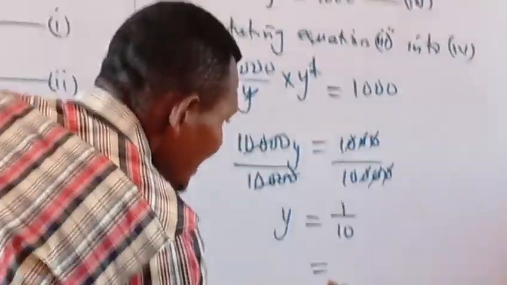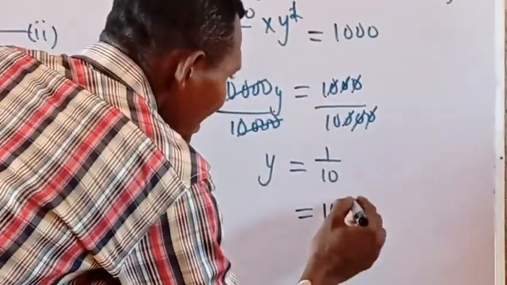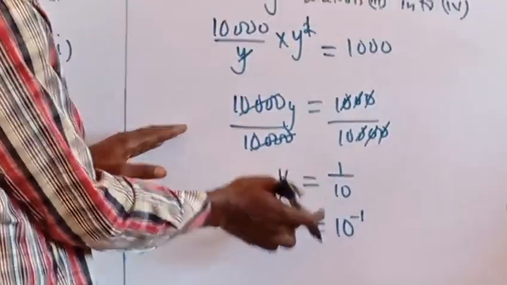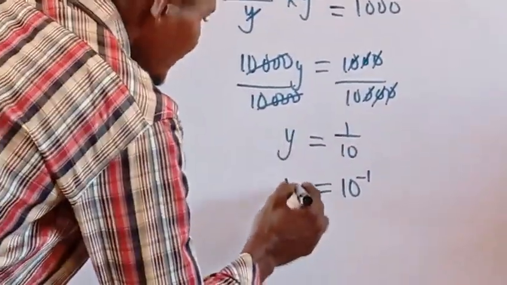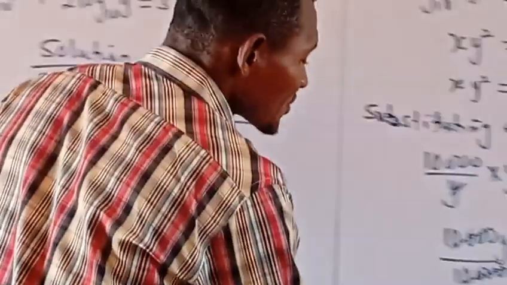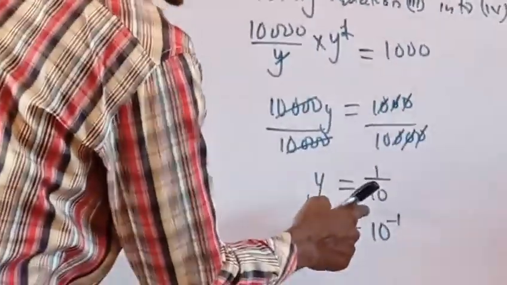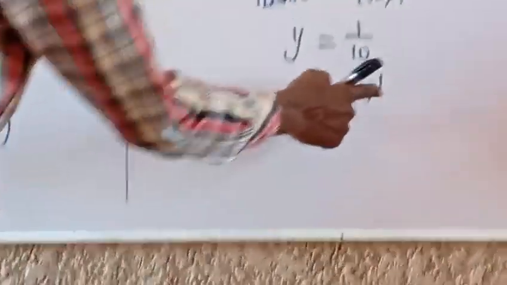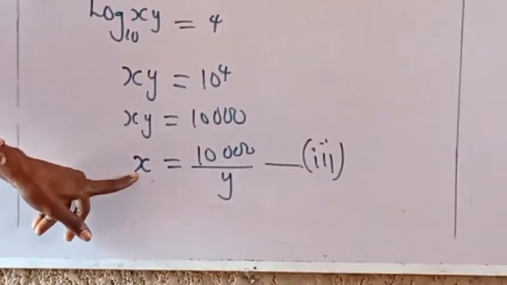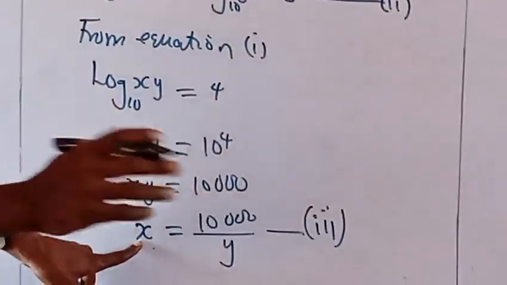So you can write it in standard form as 10 raised to the power minus 1. Applying the laws of indices, this is the inverse. So 10 raised to the power minus 1 is the value of y. So we can also substitute this 1/10 or 10 raised to the power minus 1 into our equation 3 in order to obtain the value of x.